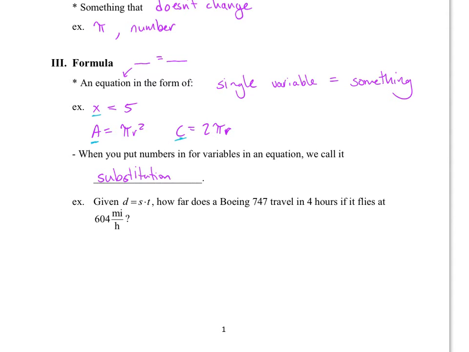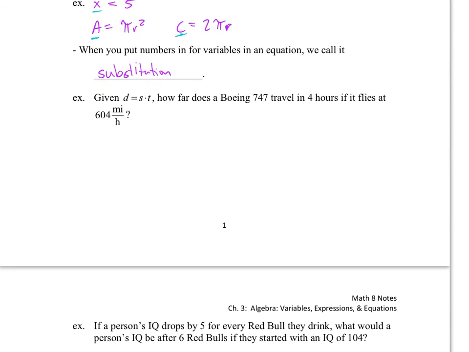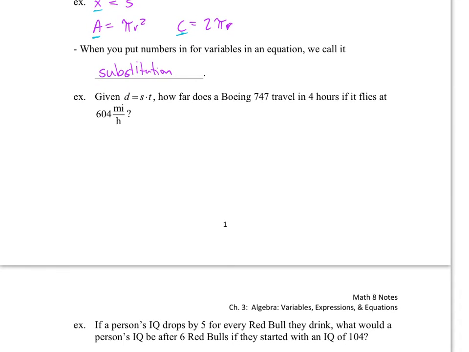If you go in for the right forward, you're replacing them. You're taking their spot. When we look at an example here, given D equals S times T, how far does a Boeing 747 travel in 4 hours if it flies at 604 miles per hour? Well, D would be our distance, S and T are our speed and time.